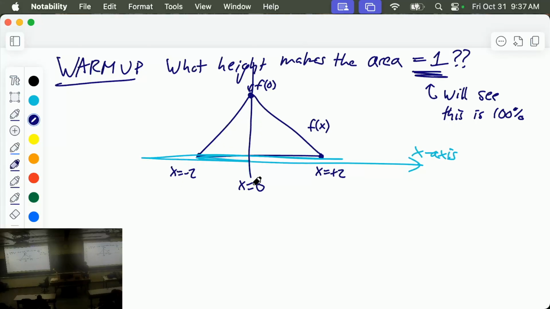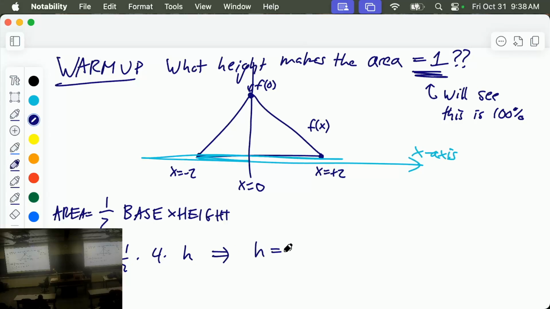And in this situation, the height at f of 0 is the height of the entire triangle. So we can use 1/2 base times height. Area equals 1/2 base times height. And then you plug in what you know. 1 equals 1/2 times 4 times h. Therefore, the height has to be 0.5. And that was the warm-up problem.